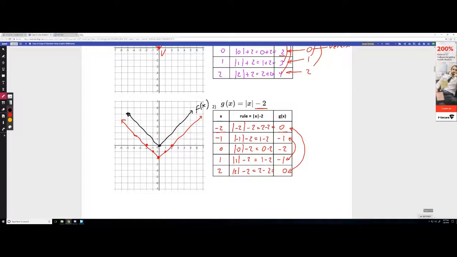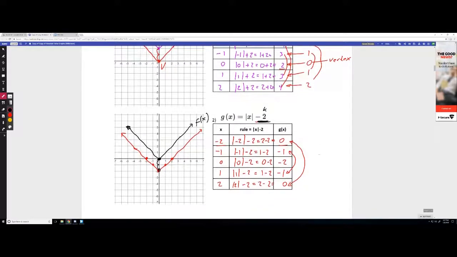Our vertex was at 0, comma 0, but now it's at 0, comma negative 2. It decreased by 2, it went down 2. And that's the effect that this term has right there. That minus 2 just shifts all the outputs. It decreases the outputs by 2. So originally for f of x, negative 2 was positive 2, but it decreases by 2.